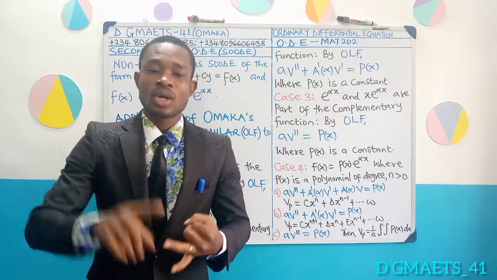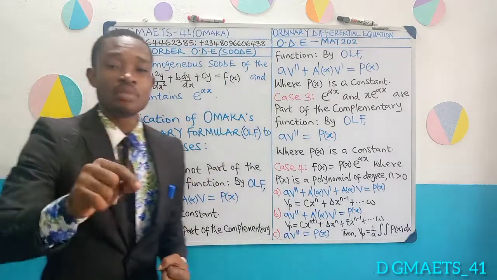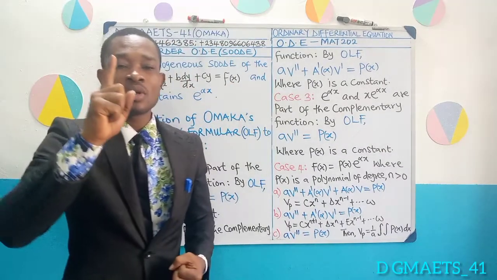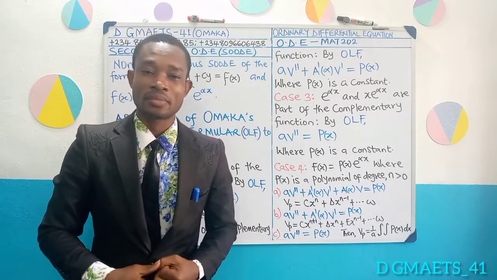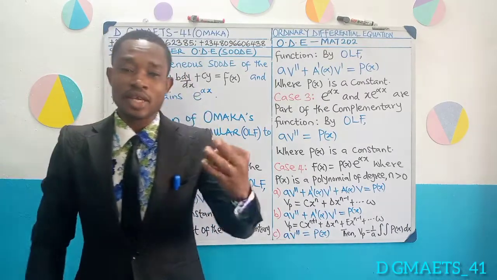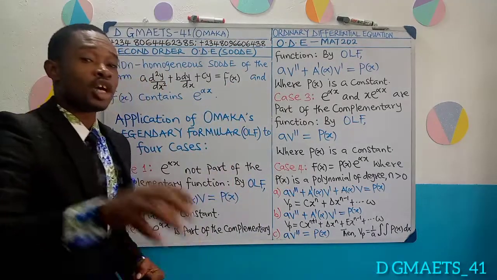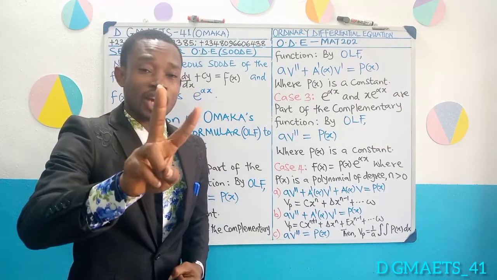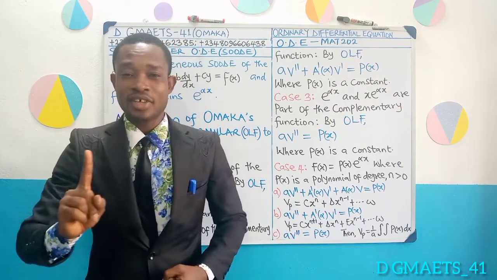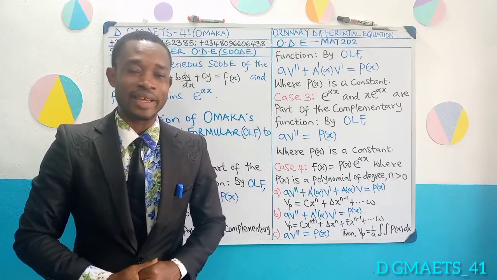Case 2, when the exponential term in the f of x appears once in the complementary function. Case 3, when the exponential term in the f of x appears this time 2 times, that is twice, in the given complementary function that you obtained.